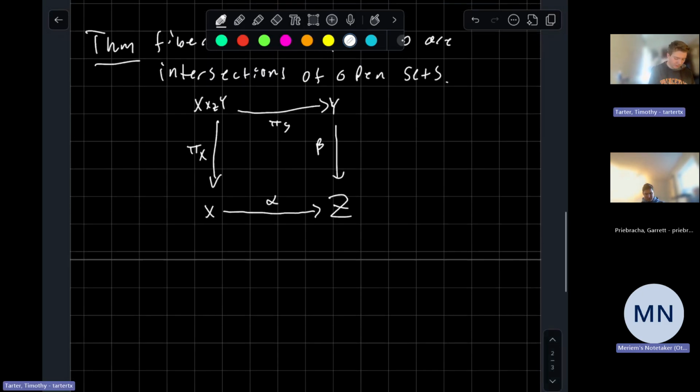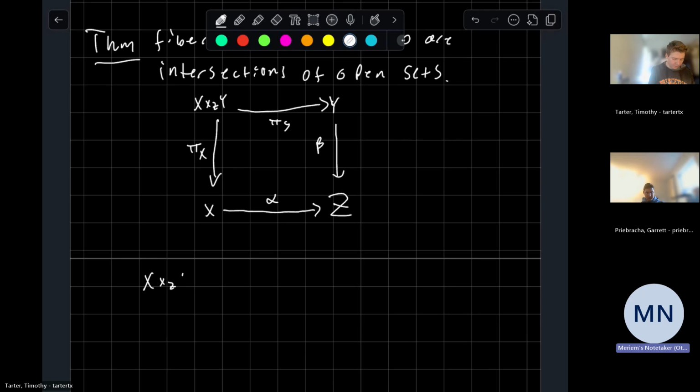And so we know that this structure is the set of all things (x, y) in the product where alpha of x is equal to beta of y.